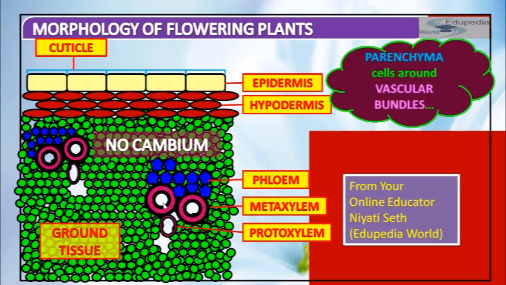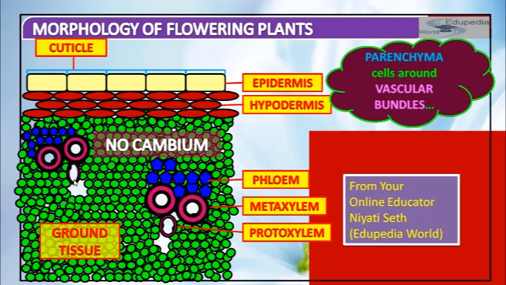In the xylem, there are two metaxylem and two protoxylem vessels which are arranged in the shape of Y, students. This is protoxylem, this is protoxylem, this is metaxylem, this is metaxylem. So, two metaxylem and two protoxylem form a Y shape.